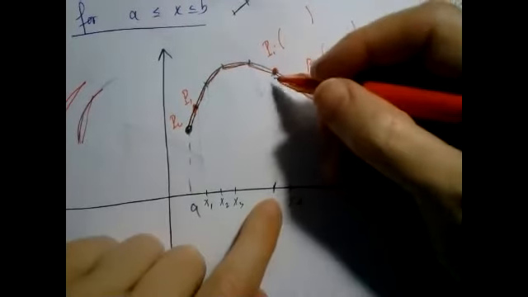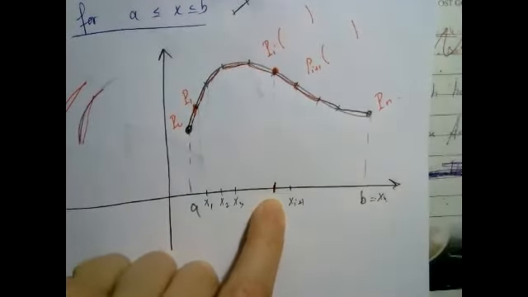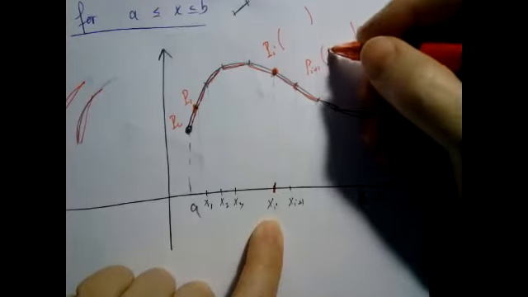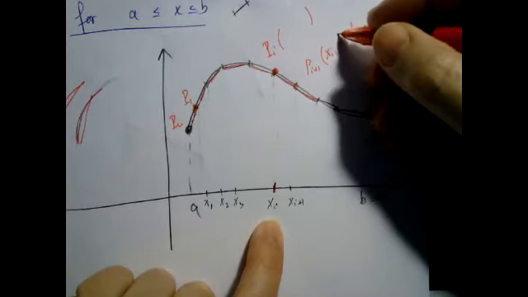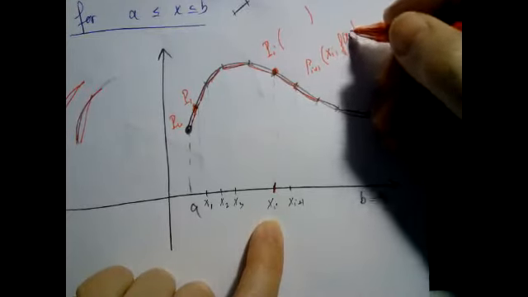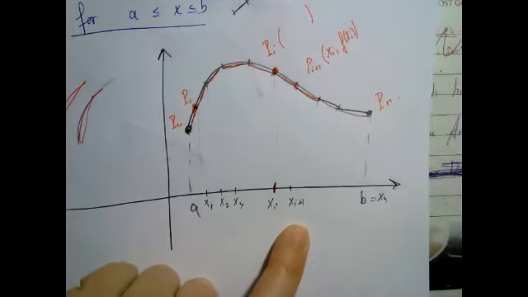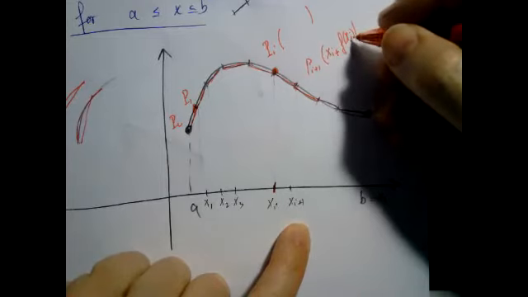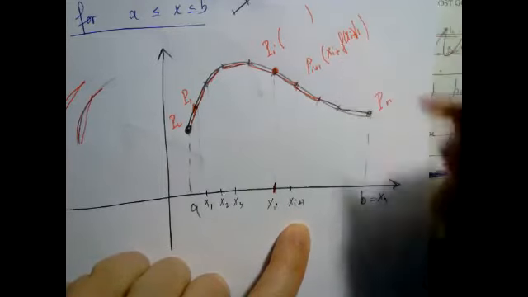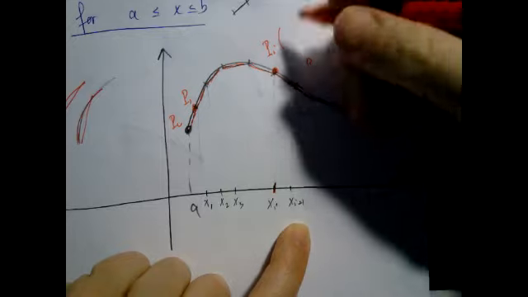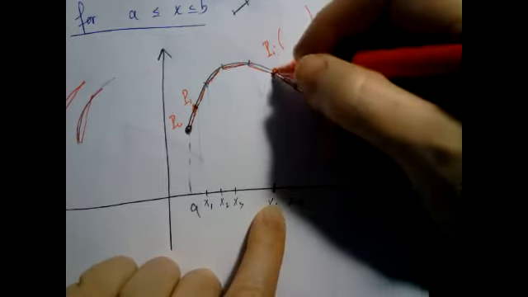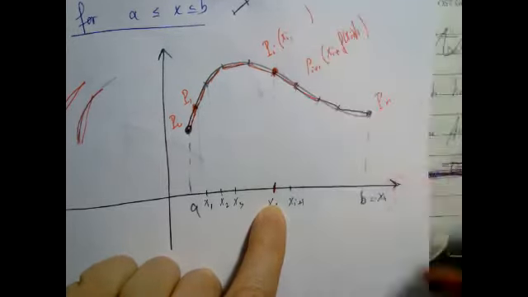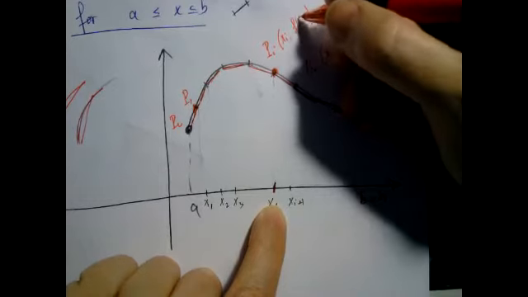So the point Pi will have coordinates xi and the value of the function at xi. This is xi plus 1, and this point, this is xi here, so this will be xi, f of xi.